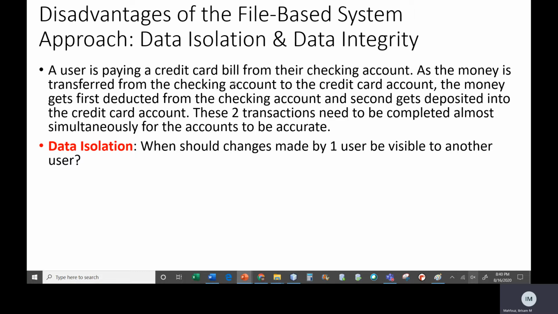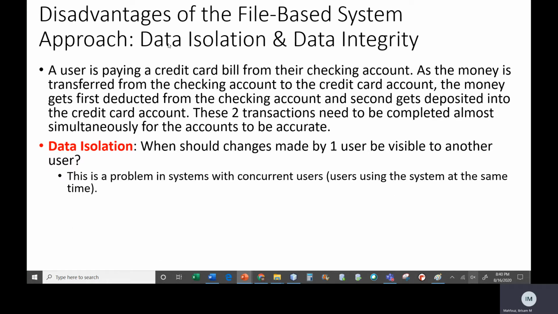And so when we talk about data isolation, the question is, when should changes made by the first user, deducting something from your checking account, be visible by the other user who is depositing in the credit card? And so this is the problem, the data isolation. This is the problem that happens when you have a system that has more than one user, a user deducting and a user adding.